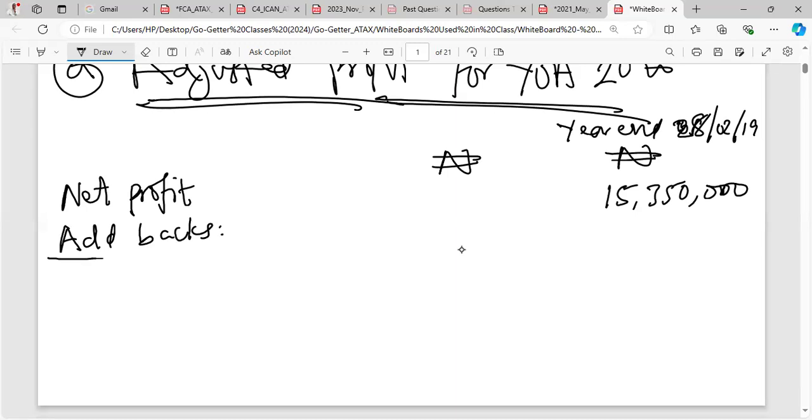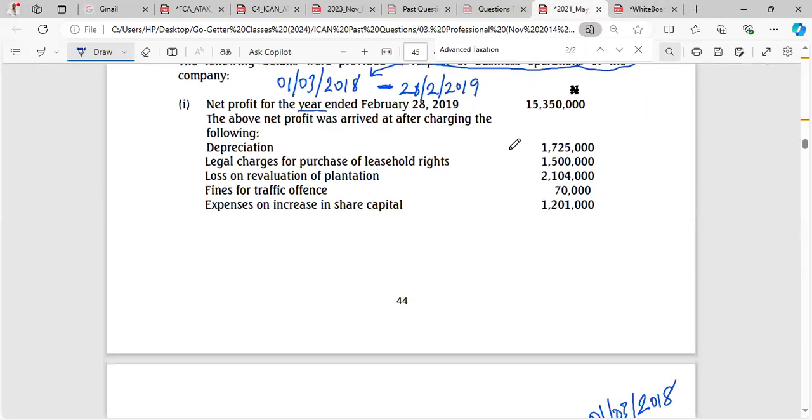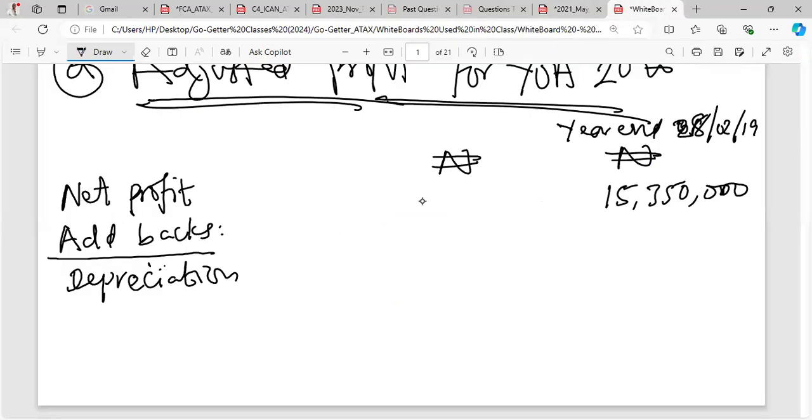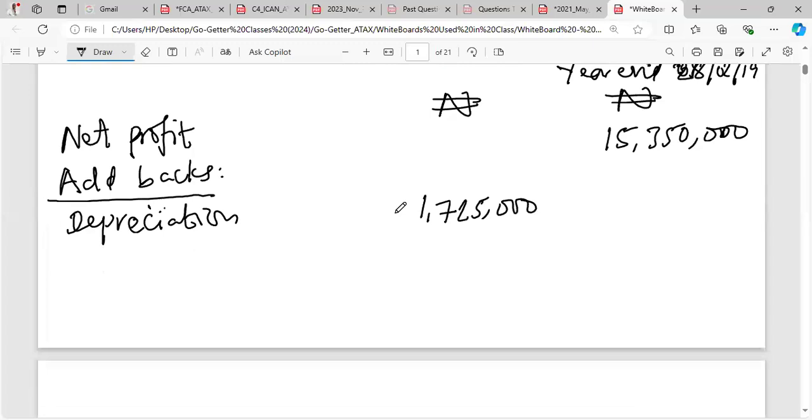What are the things we are adding back? We have depreciation. How much is depreciation? Depreciation is 1,725,000.